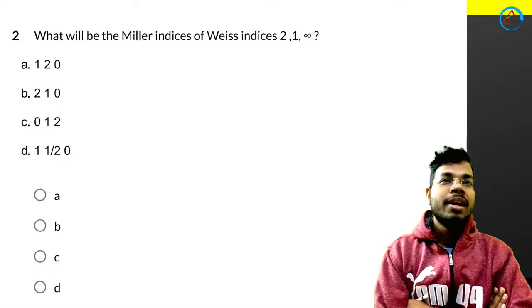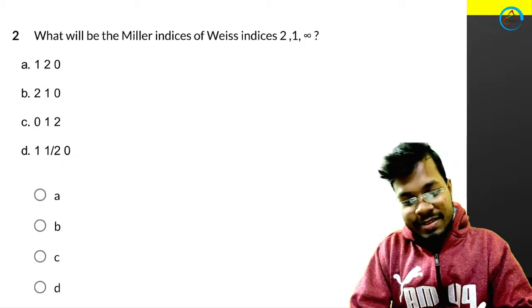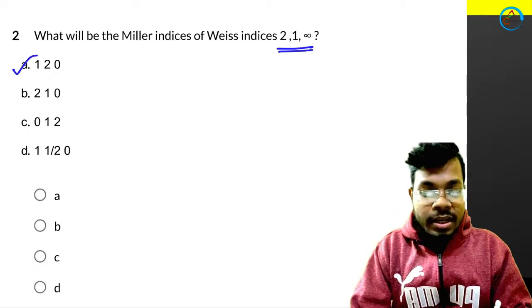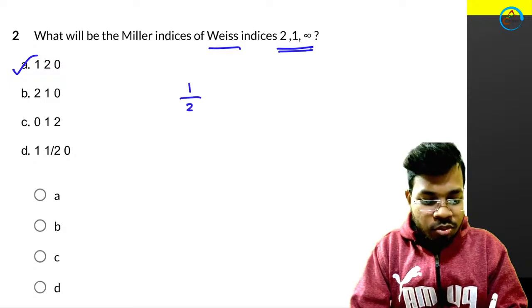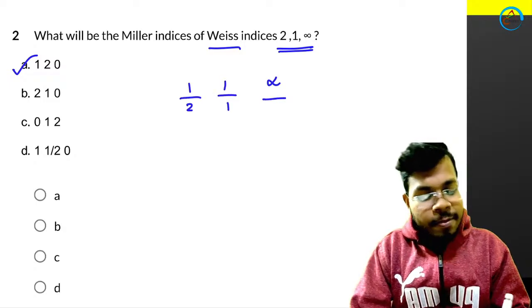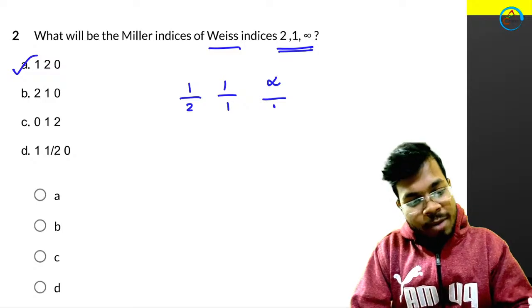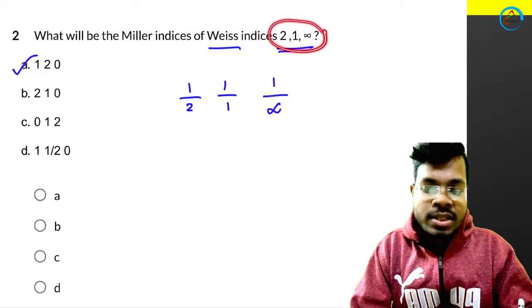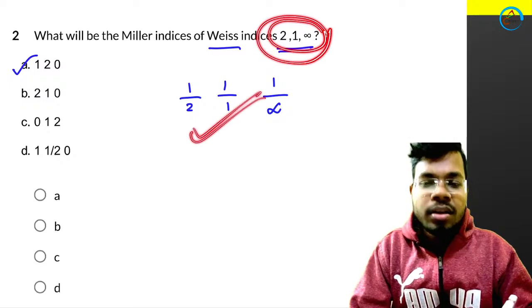Prayojit, Dasgupta, Milan. Okay, awesome, very good. Yes, the correct option is 1 2 0. How can you get it? So you have 2 1 0, which gives 1 by 2, 1 by 1, infinity. You just need to take the reciprocals of these Weiss indices, and once you take the reciprocal, you will get the Miller indices.